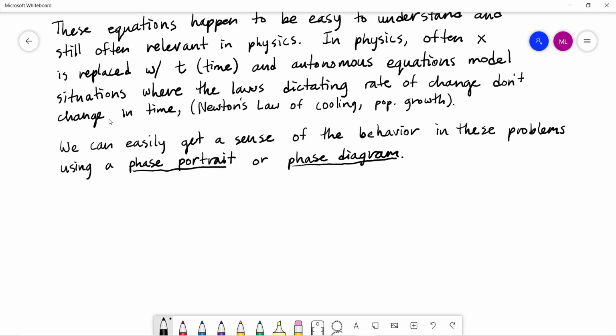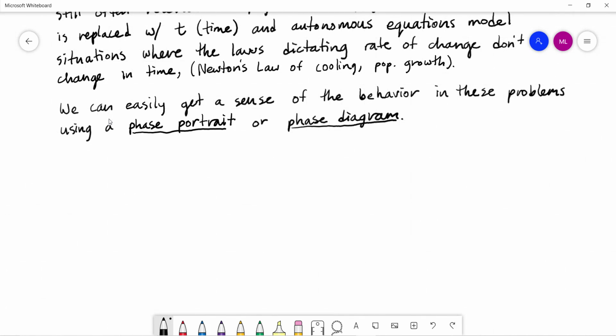Okay, so let's consider an equation and I'll talk about what a phase portrait looks like for a specific problem.